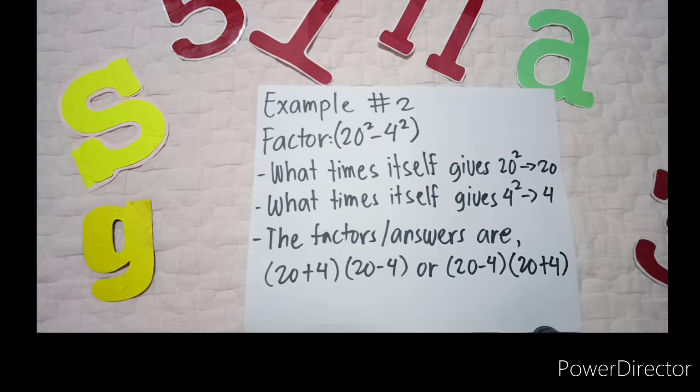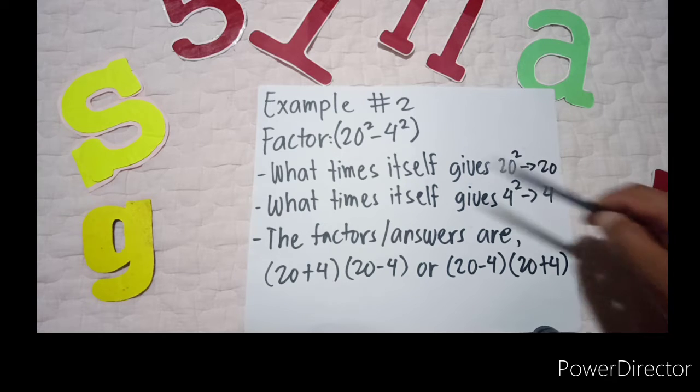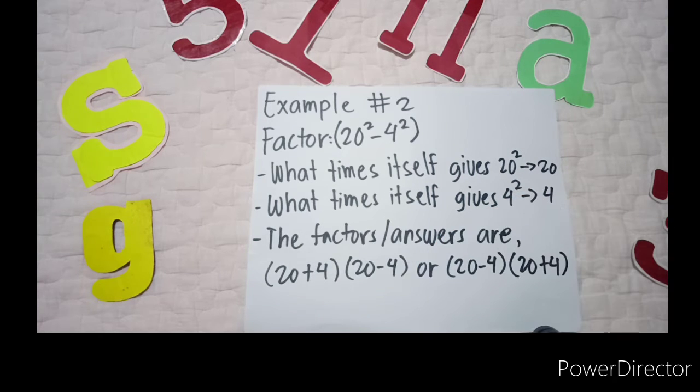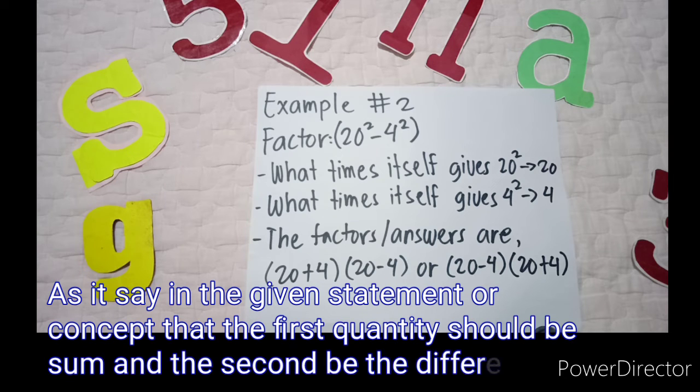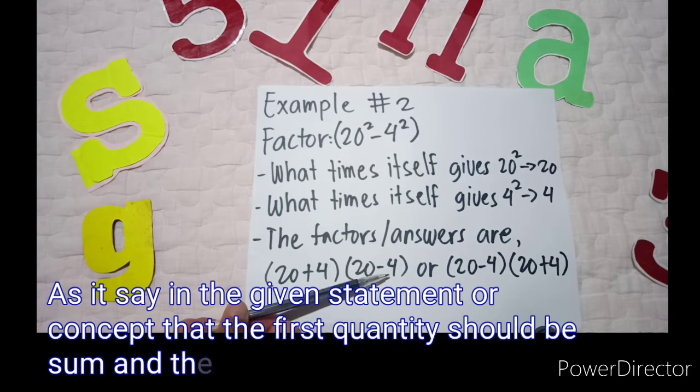You just need to follow the process or the given general expression or formula, and the factor of 20 squared minus 4 squared is 20 plus 4, as it says in the given statement or concept that the first quantity should be the sum and the second should be the difference.